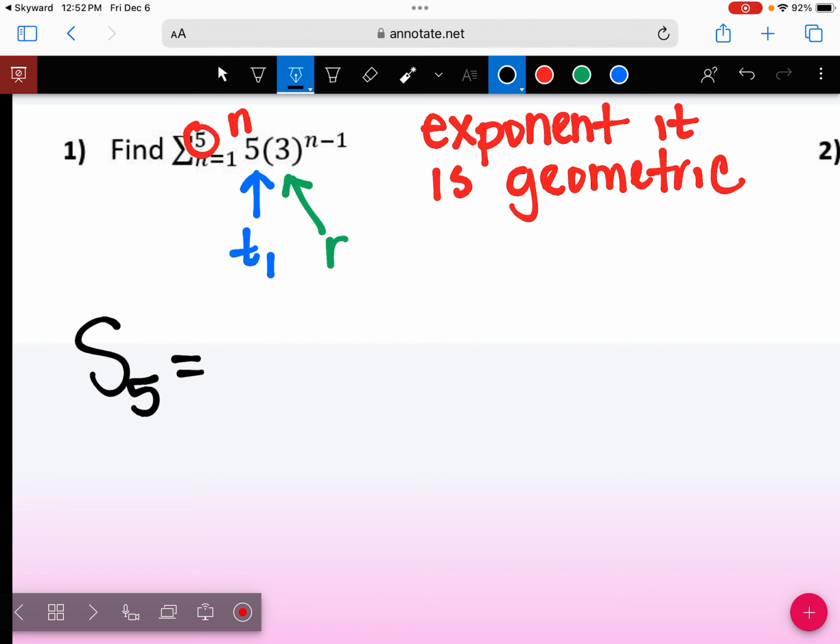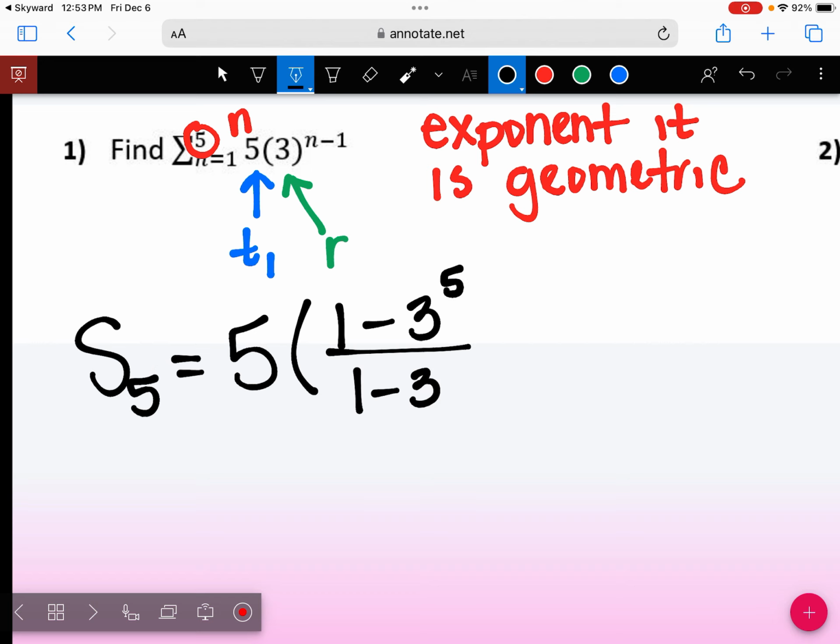So the sum of these 5 numbers is going to equal T1 multiplied by 1 minus R to the power of N over 1 minus R. All right, go ahead and type that in your calculator, just like that.